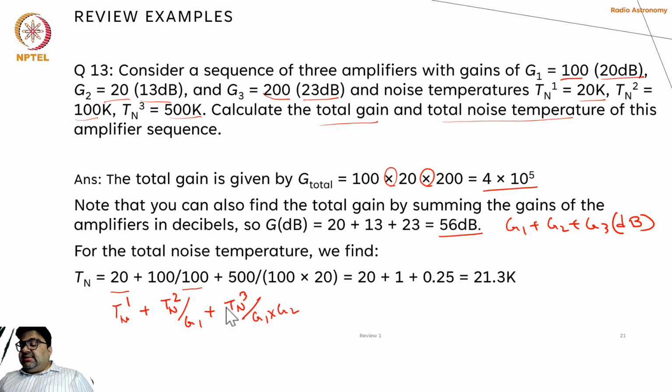Okay, so like that. If you put that in, it finally comes out to be 21.3 Kelvin. That is the total Tn.